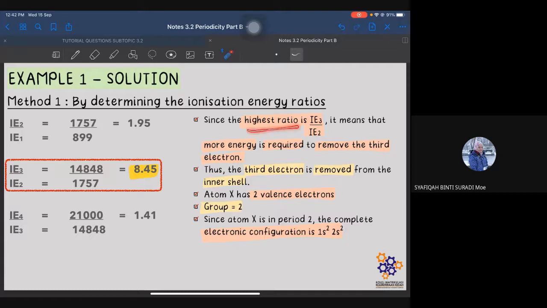Since the highest ratio is IE3 over IE2, it means that more energy is required to remove the third electron. Okay. So, thus, the third electron is removed from the inner shell. So, kita tahu lah yang third electron tu kita remove from the inner shell. So, kita tahulah atom X tu ada 2 valence electron. Okay. So, bila dia ada 2 valence electron, kita tahu dia dalam group 2.